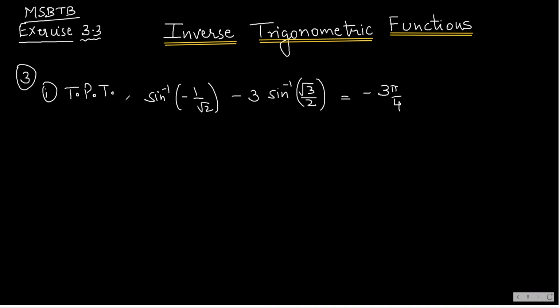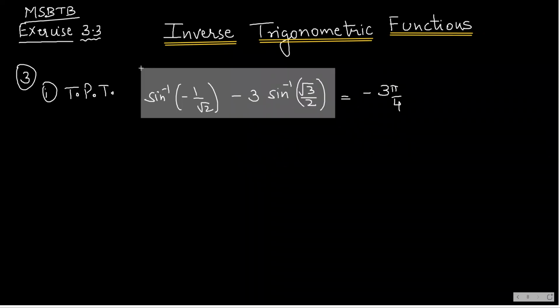The question is to prove that sine inverse of minus 1 by root 2 minus 3 times sine inverse of root 3 by 2 equals minus 3 pi by 4. So we will begin with the left hand side.